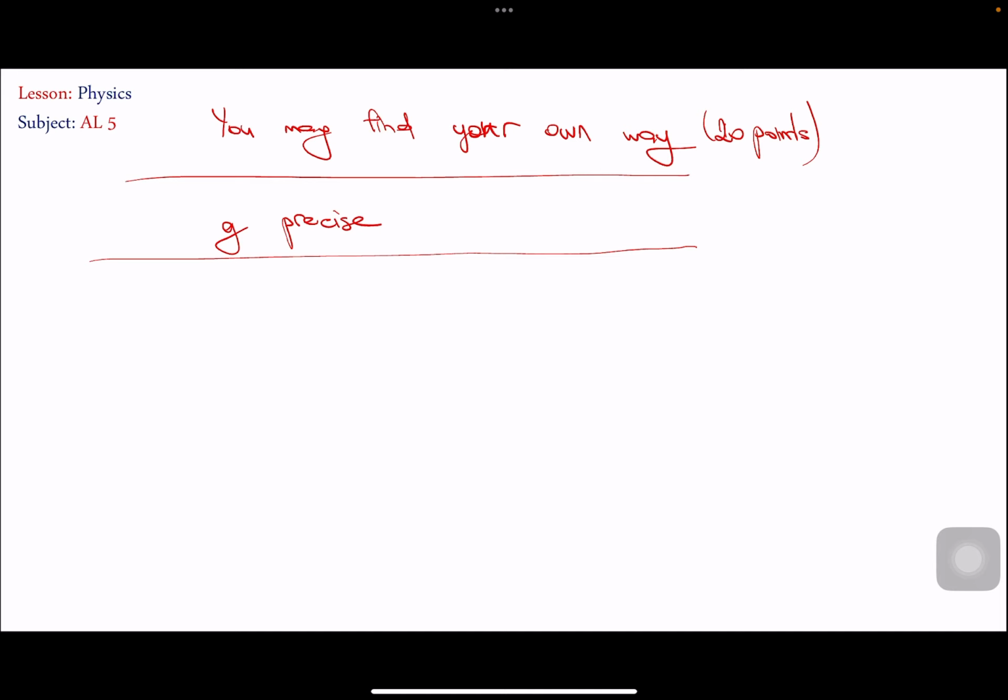Now you may find your own way and make precise g measurements. What does it mean? It means that we know that g should be close to 9.8 or 10 maybe.